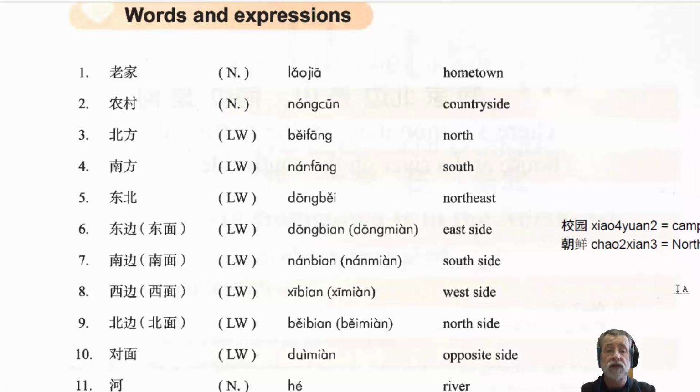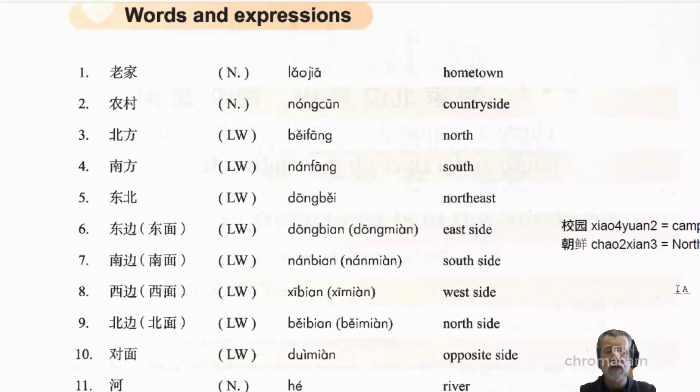Also, if we go back to vocab word number 5, northeast, you'll notice that we say north first, then east. So the reference point to some extent is north. For the Chinese, it is 东北. Now, if it was northwest, it would be 西北. So their word order for reference points on the compass is different from ours.